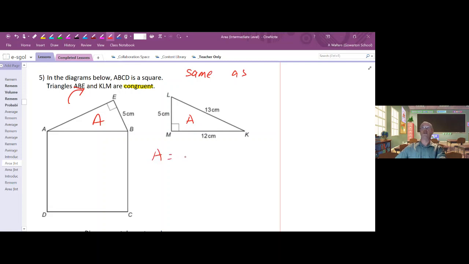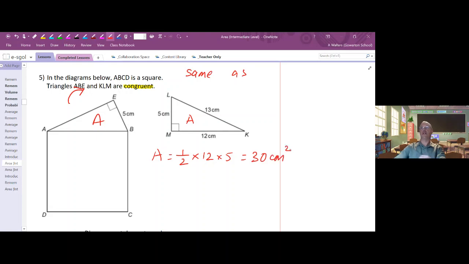You should know the area of the triangle is half the base times the height. The base is 12, and the perpendicular height, I should mention, is 5. So the area of that triangle, which is the same as that, half of 12 is 6, and 6 times 5 is 30. Okay.